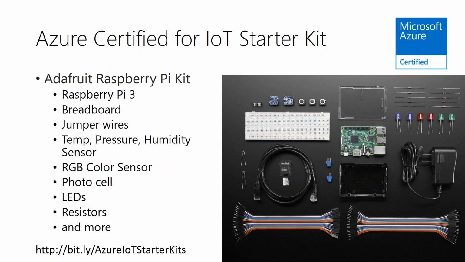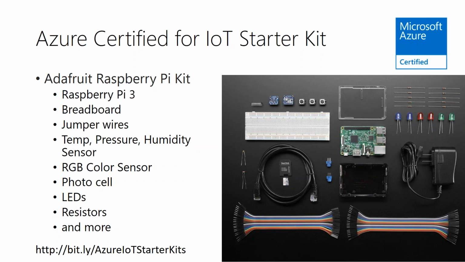It comes with breadboard, jumper wires, temperature, pressure, humidity sensors, color sensor, photocell, LEDs, resistors, a number of components that are everything that you need essentially to get up and going with prototyping without having to research and figure out what hardware do I need to buy, what will work with it, how do I get started, that kind of stuff. You can see the bit.ly link on the bottom of this slide will go to the page where you can order that from Adafruit.